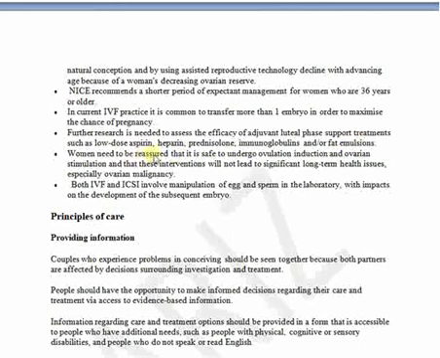Women need to be reassured that it is safe to undergo ovulation induction and ovarian stimulation, and that these interventions will not lead to significant long-term health issues, especially ovarian malignancy. Both IVF and ICSI involve manipulation of egg and sperm in the laboratory, with impacts on the development of the subsequent embryo.